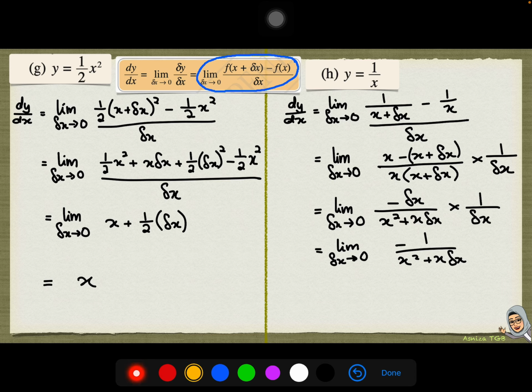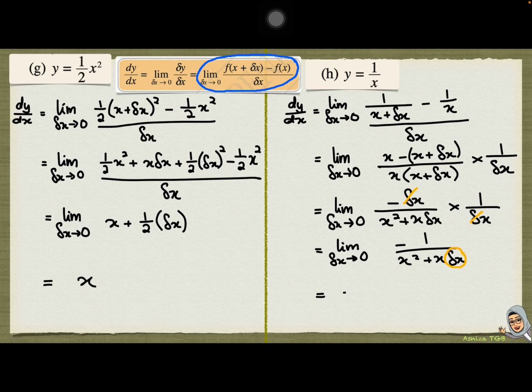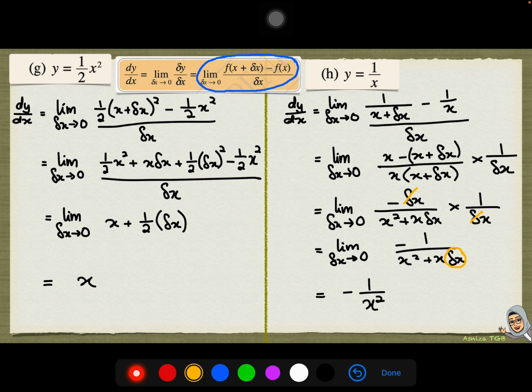So here we can cancel delta x and delta x. So we have negative 1 over x squared plus x delta x, and then we substitute delta x with 0. So the final answer is negative 1 over x squared.